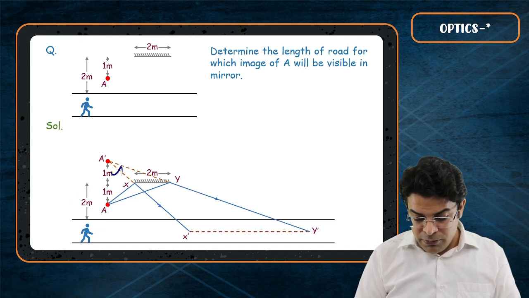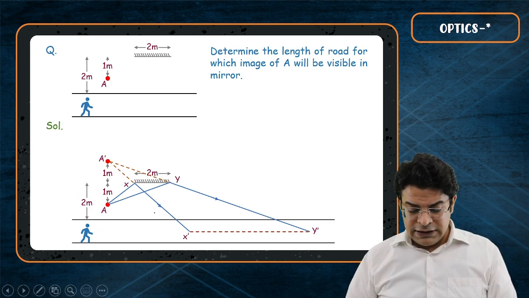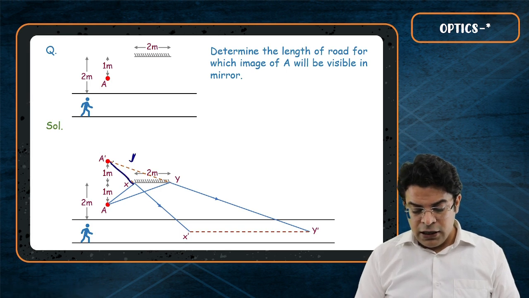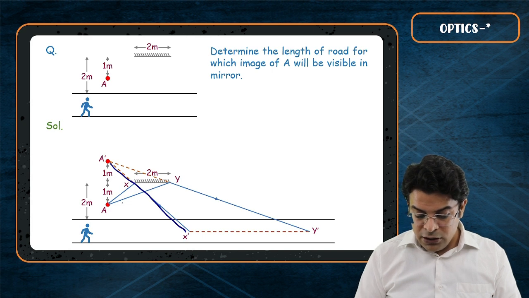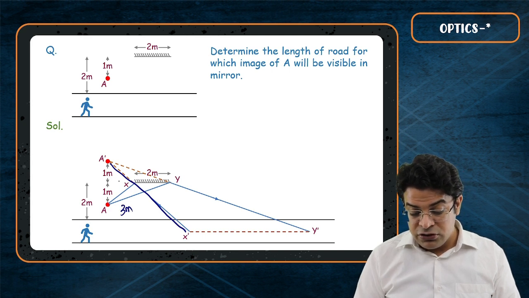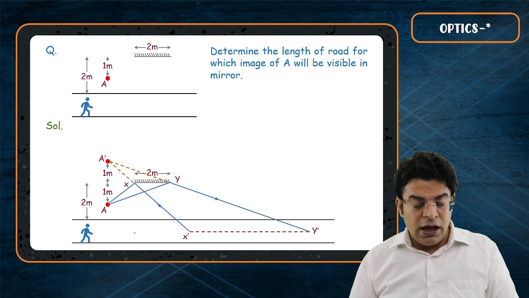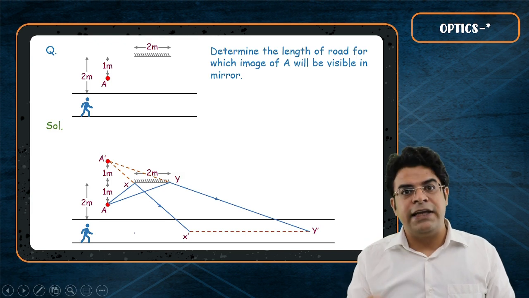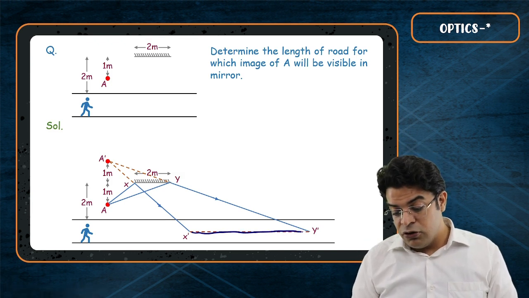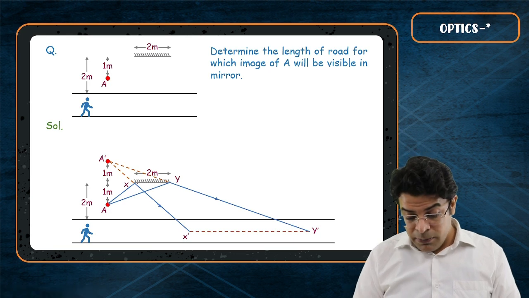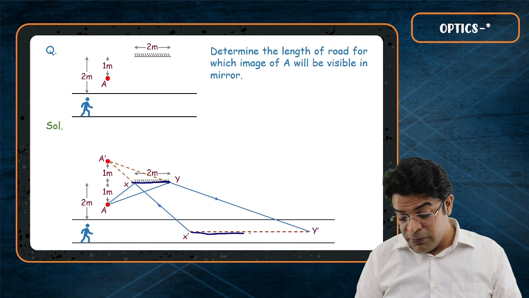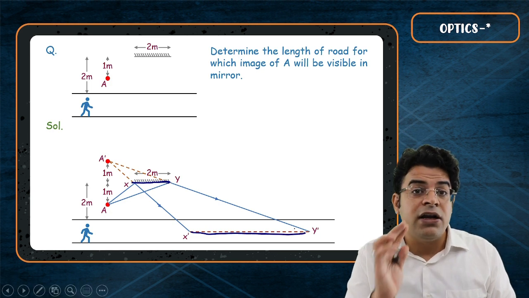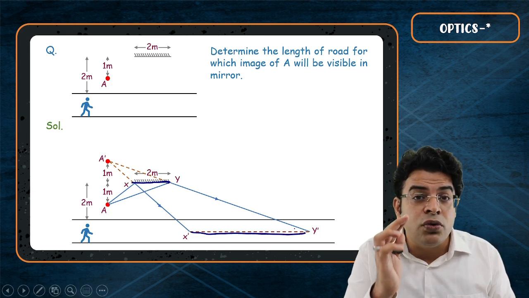So the height of the smaller triangle is 1 meter and height of the bigger triangle comes out to be 1 meter plus 2 meter, which is 3 meter. So if the height of the bigger triangle is 3 times, its base length will also be 3 times. The base length of the smaller triangle is 2 meter. So the base length of the bigger triangle has to be 3 times that of smaller triangle. So 3 into 2, 6 meter.